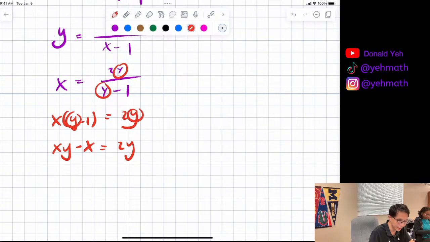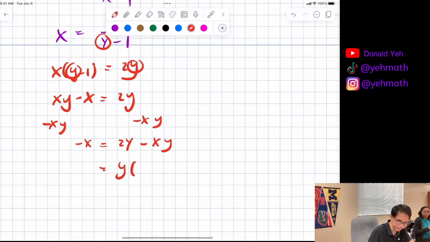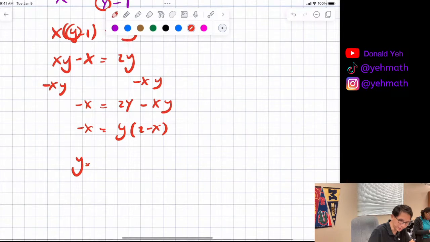Move all the y-related terms to the same side. Take out y. What's the difference between this and the pig problem? No difference, same problem. And guess what?